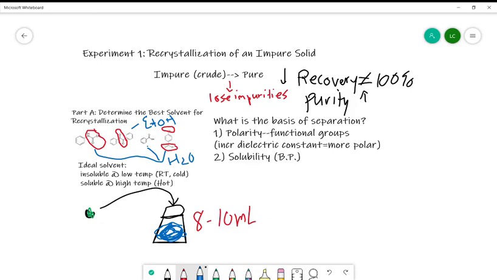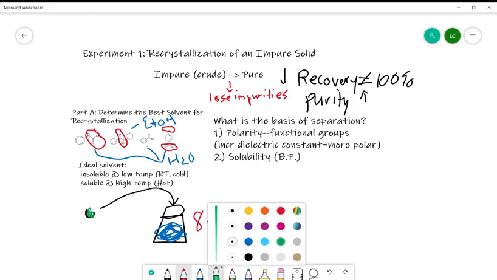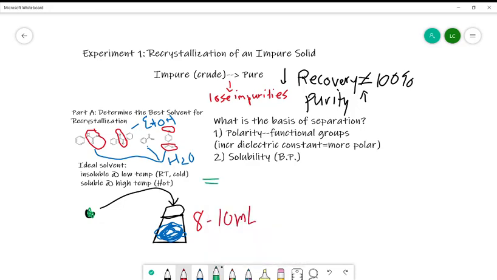How you determine this is you do not want a perfect match. You never want a perfect match in polarity. So the polarity cannot match between whatever solvent and solute that you use.